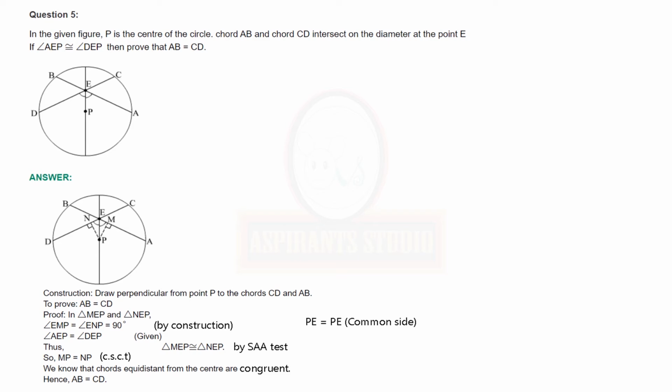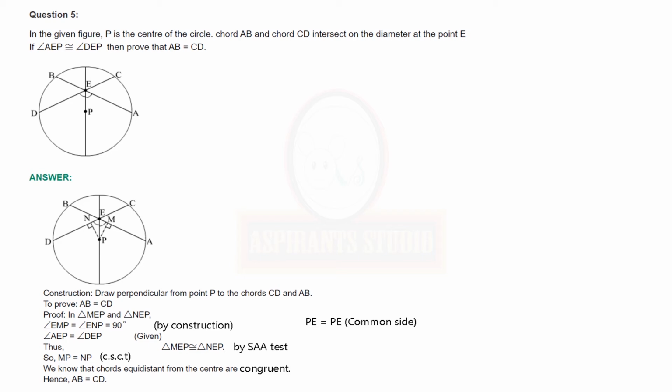So given, P is the center of the circle, chord AB and chord CD intersect on the diameter at the point E. Angle AEP is congruent to angle DEP. To prove AB is equal to CD. Look at the figure carefully.